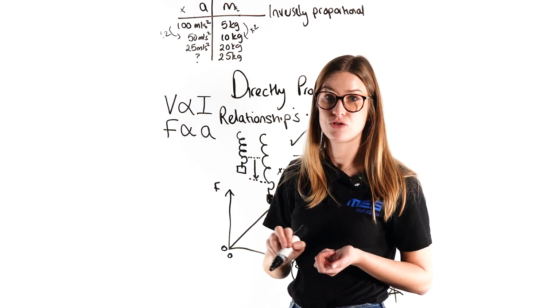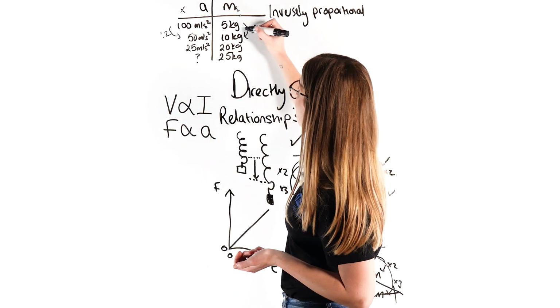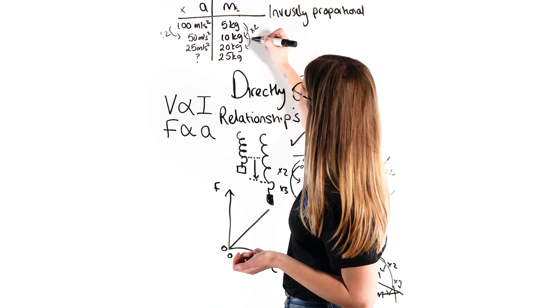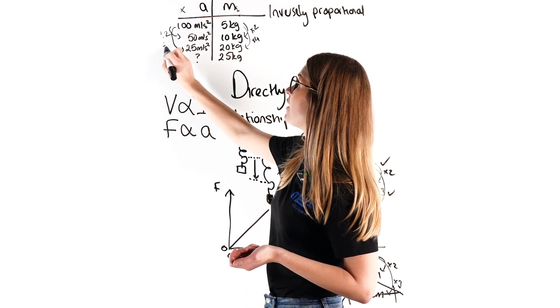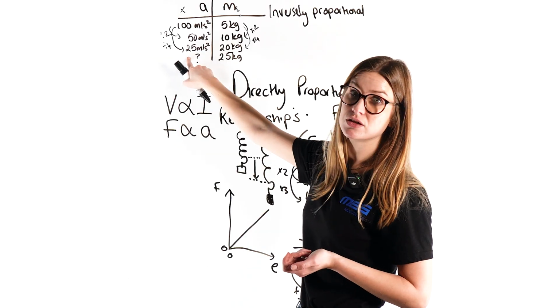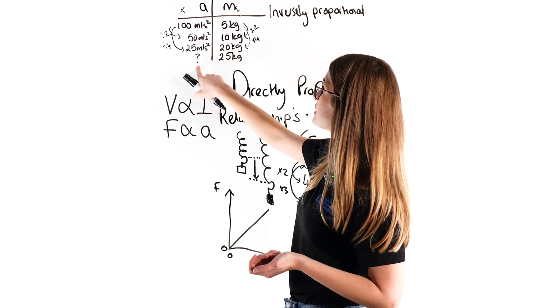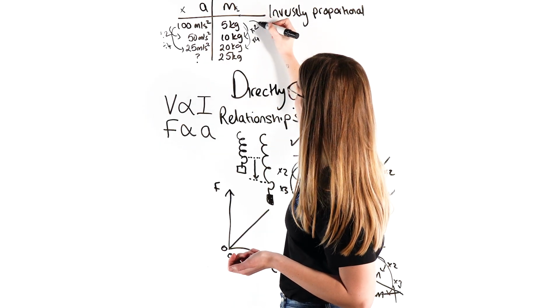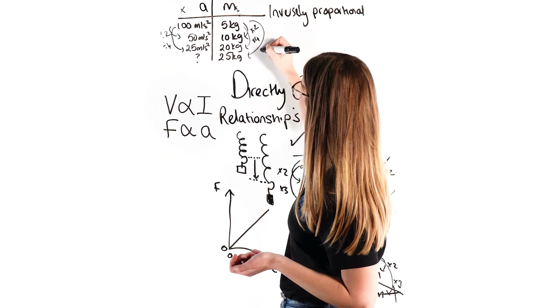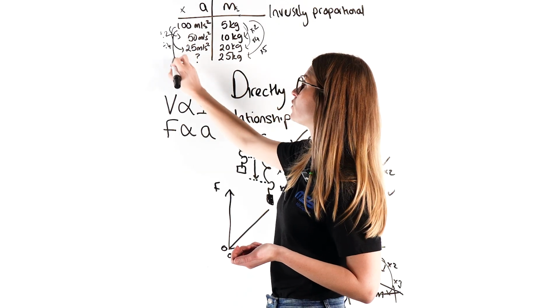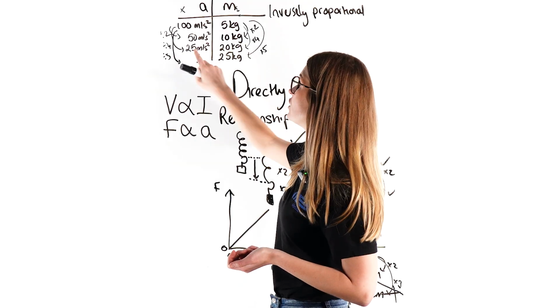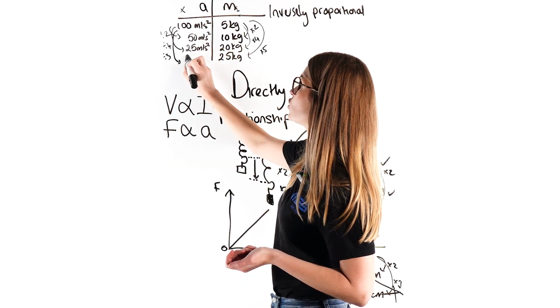It got halved, right? Less acceleration. If the mass got multiplied by 4 to give us 20, we can see the acceleration got divided by 4 to give us 25. So let's say I wonder what this missing number is. Here I can see the mass went from 5 to 25. It got multiplied by 5. So what's going to happen to my acceleration is, it needs to do the opposite, it's going to divide by 5. So my acceleration there is going to be 20 meters per second squared.